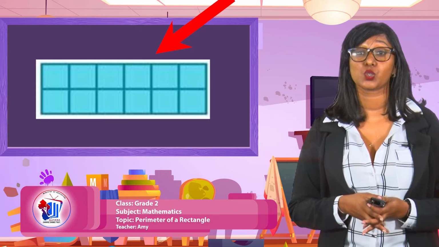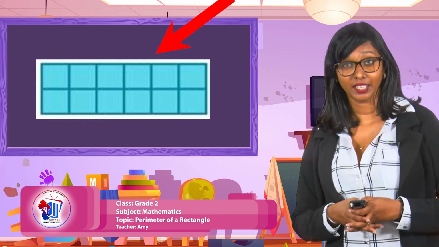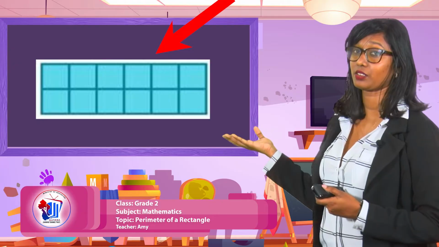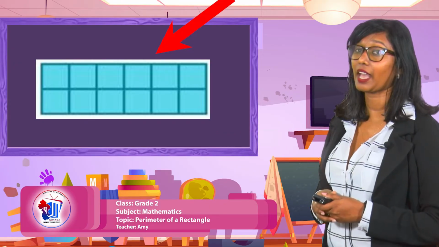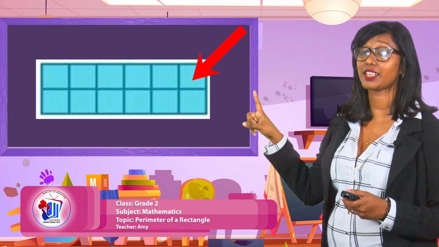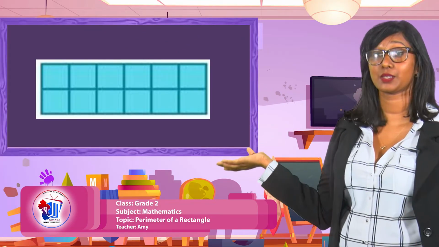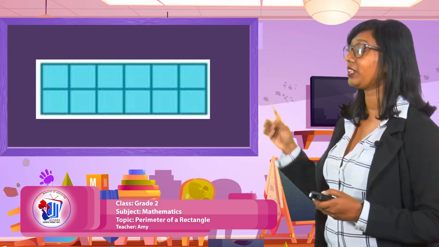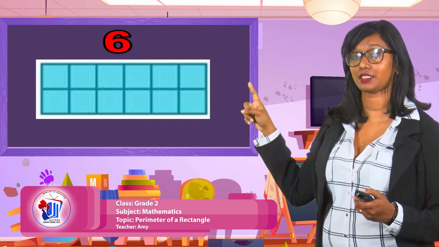So let's count the small squares so we can get the measurement. We have 1, 2, 3, 4, 5, 6 units or 6 small squares. So therefore, this measurement would be 6.